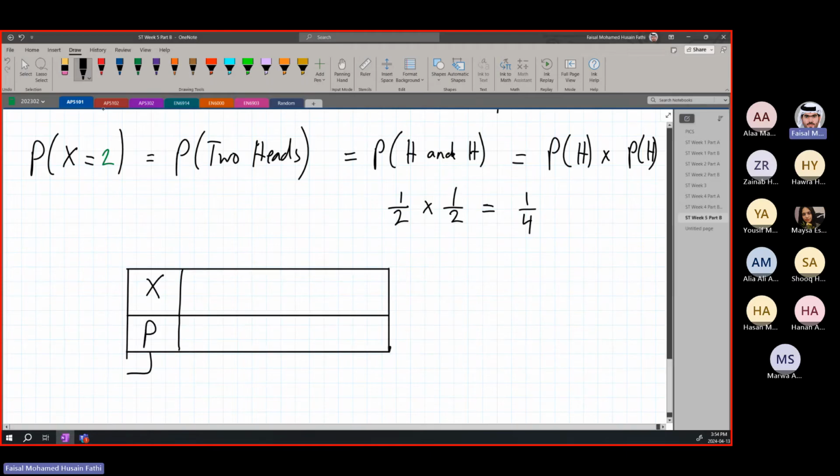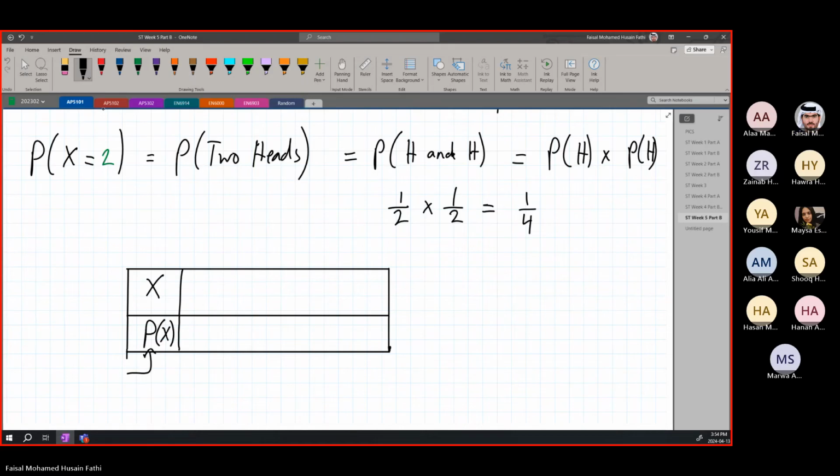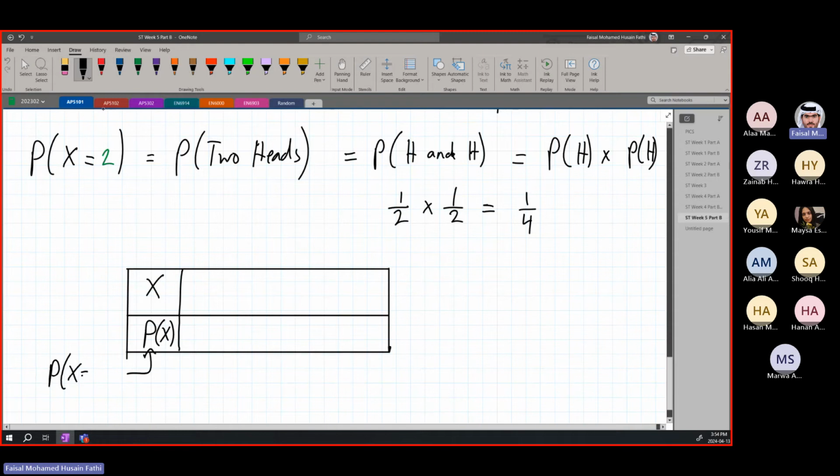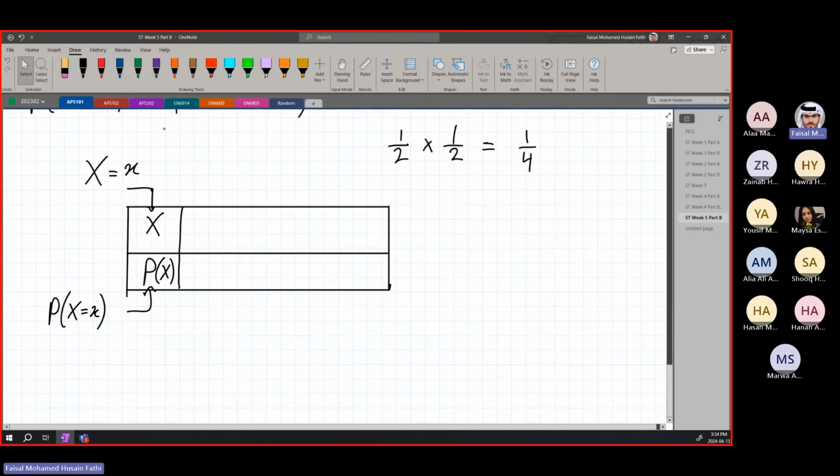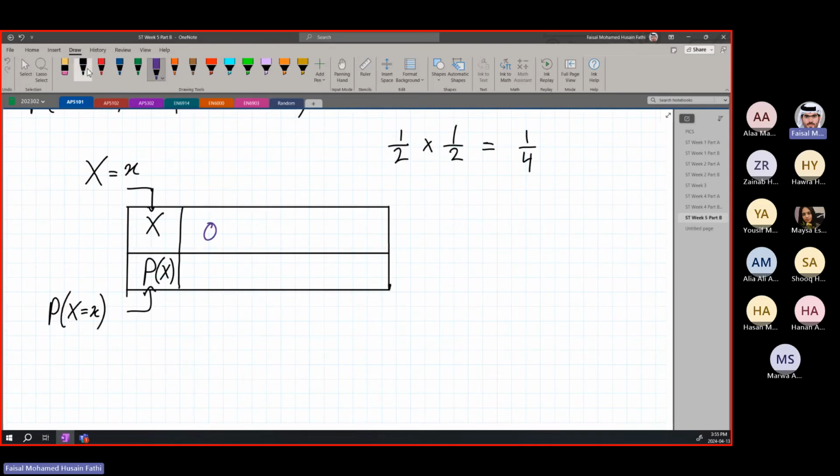Okay, or in other words, this is p of x, large X. And this is when we are writing p of x equals small x. This is the same thing. And this is just your large X when it's equal to small x. So what are the values we had? We had the value 0, which was in purple. Then we had our value 1. Then we had our value of 2.